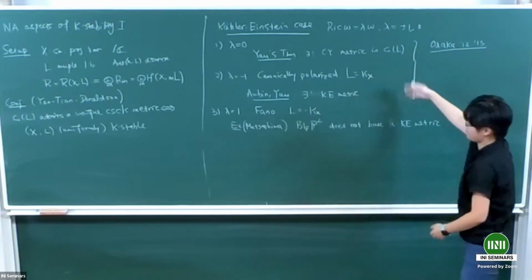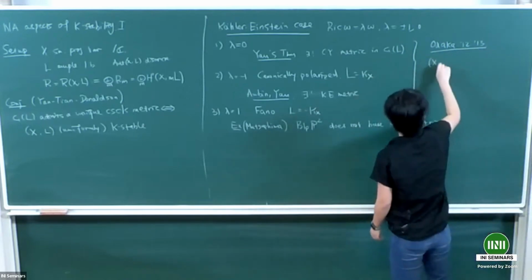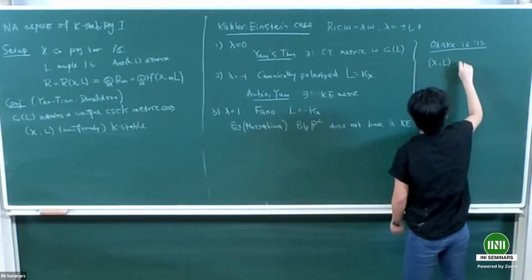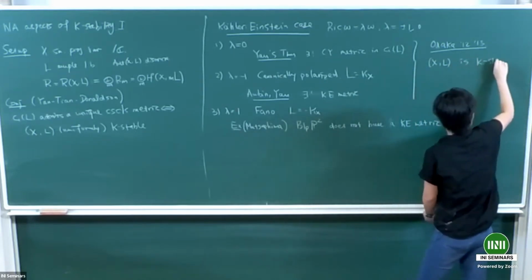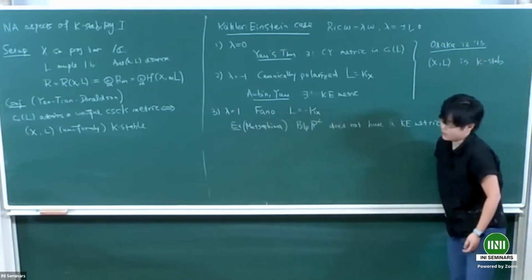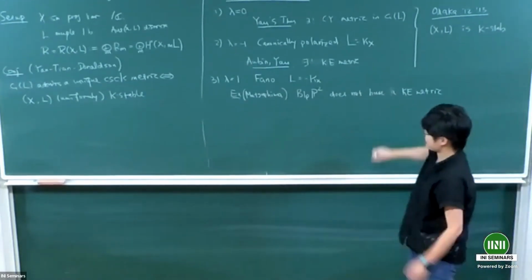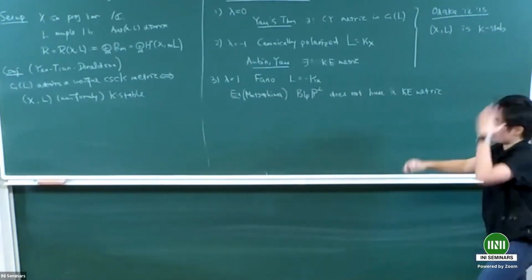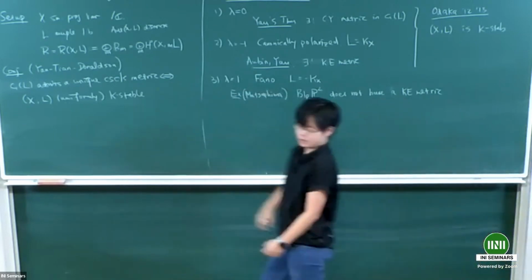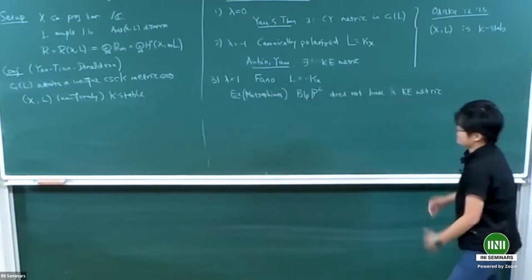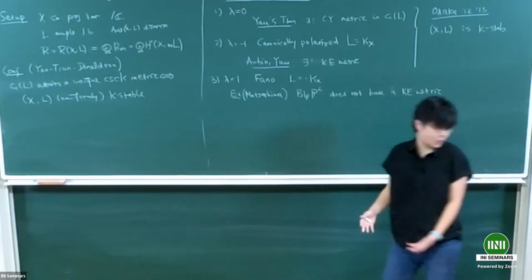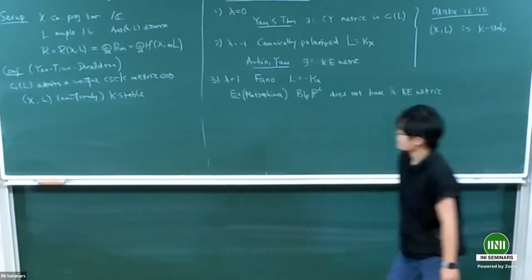He showed that in both of these cases, you do get that this pair is K-stable, even when allowing some singularities. So in this Fano case, you would expect a theorem like this to hold, but this took much longer and a lot of algebraic geometry input.